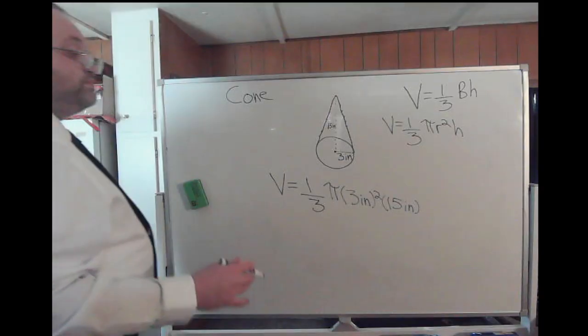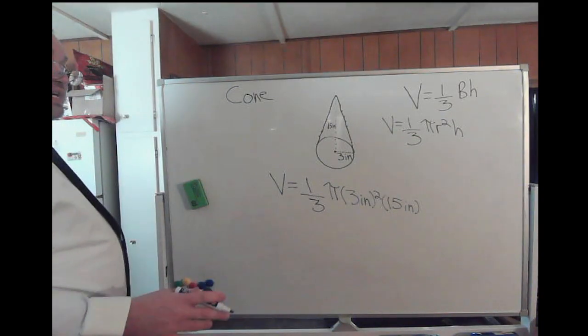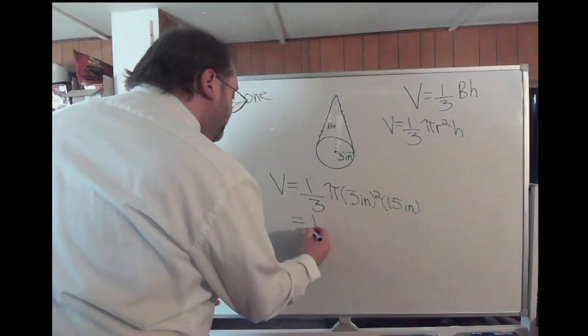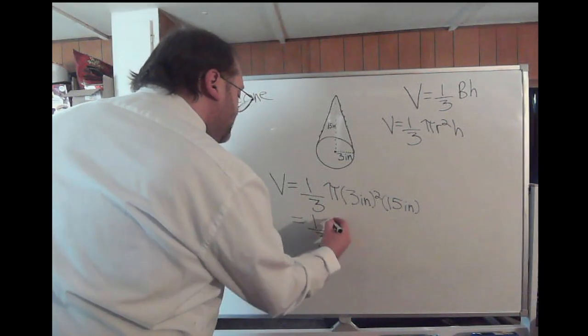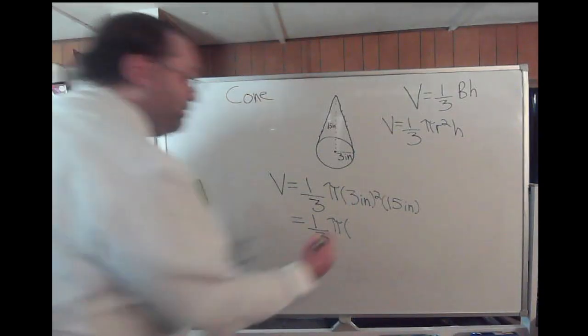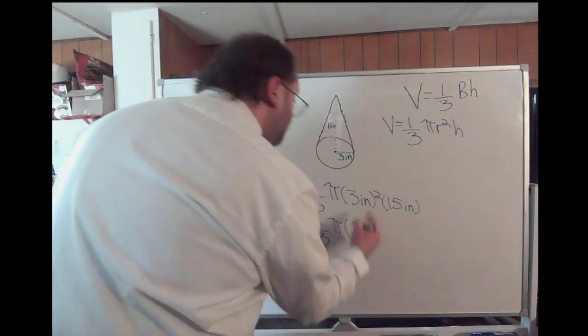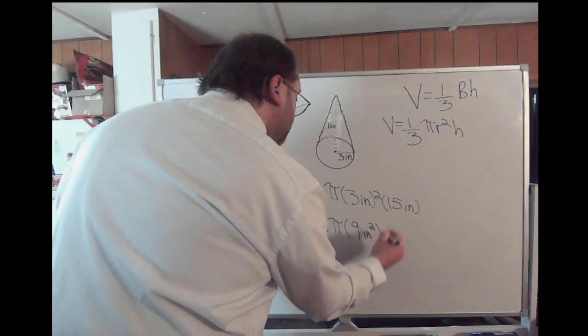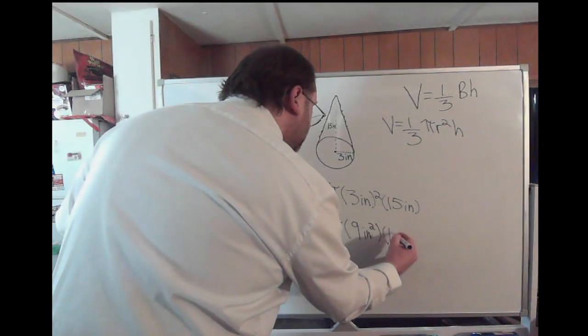Of course, order of operations dictates we do the exponents first, so you'd still have 1/3 times pi. Now 3 to the second power, that's 9 inches squared, times your 15 inches.